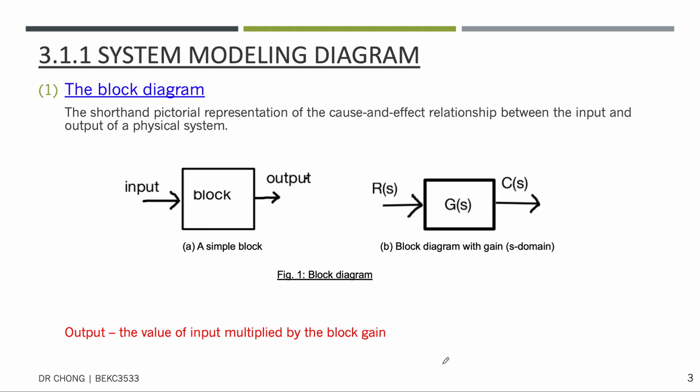So as you can see from here, figure A and figure B, definitely this is always the one you have seen, which is S domain. We call this the input and this the output. G is always a transfer function, or at certain times we call it a gain. So output is the value of input multiplied by the block gain.